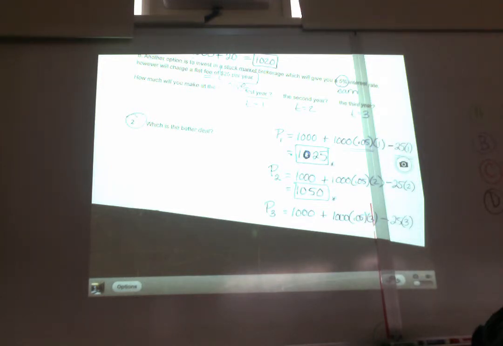This is a 2% interest rate, and this is a 5%, but it has a fee. Which one's the better deal? What you're choosing between is A and B, not P and D. This plan is 2% interest, this is 5% interest, but it has a fee.